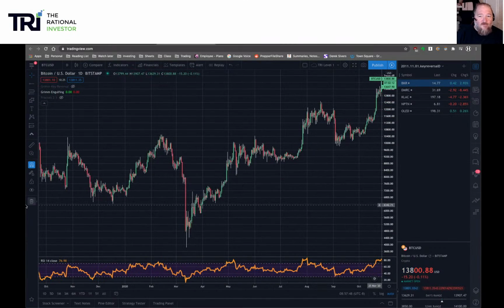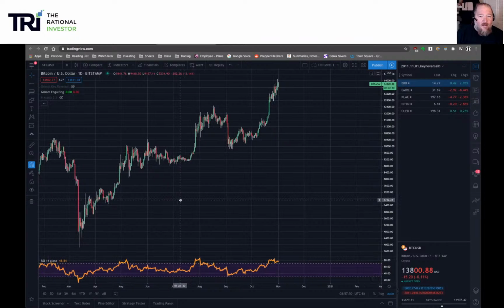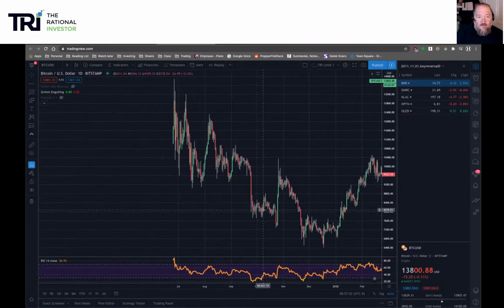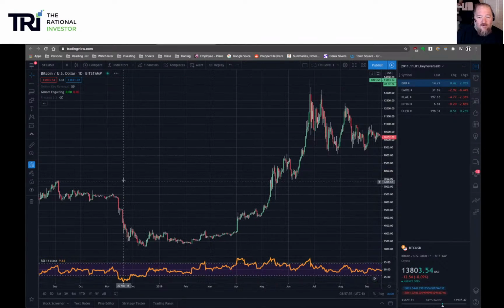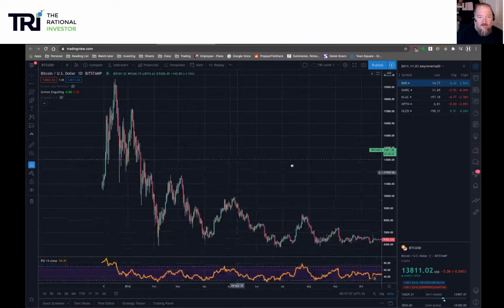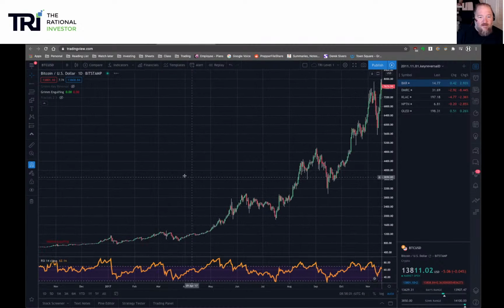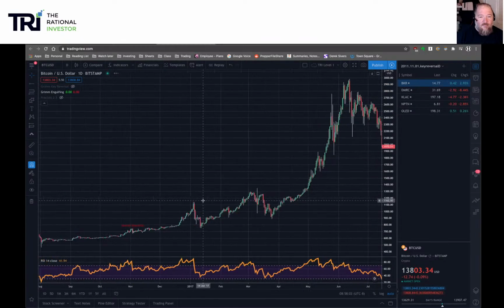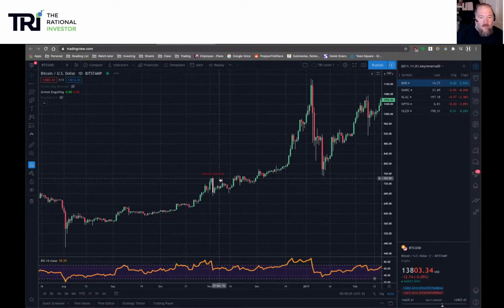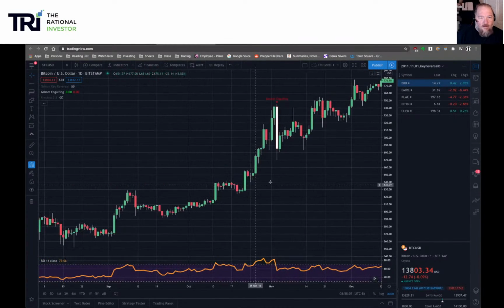I have an engulfing detector. Basically, it's going to color the engulfing bars, so you can find one. Wow, I haven't seen an engulfing on the daily in a while, have we? That's weird. There we go. Here we have a bearish engulfing candle.